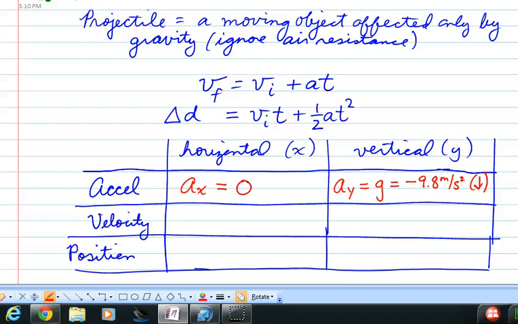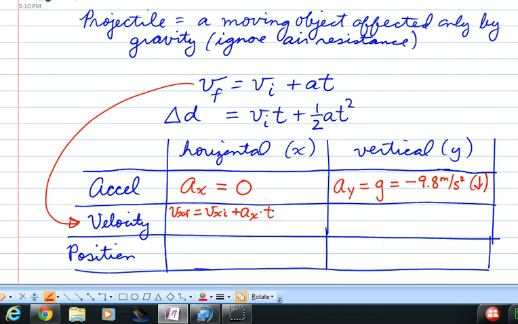Okay, so now we can use our velocity equation and try to apply things to it. Now I'm going to stick on a bunch of subscripts for x and y, so try to follow along. Okay, so Vx final equals Vx initial plus ax times t.